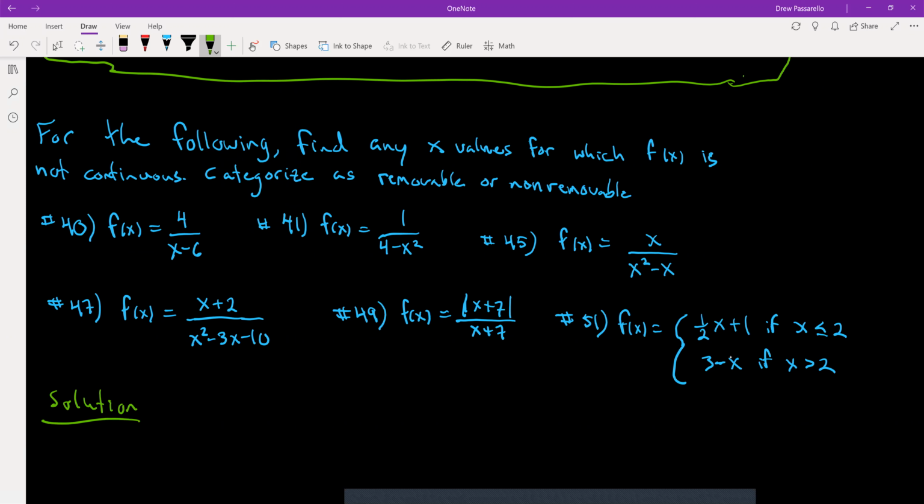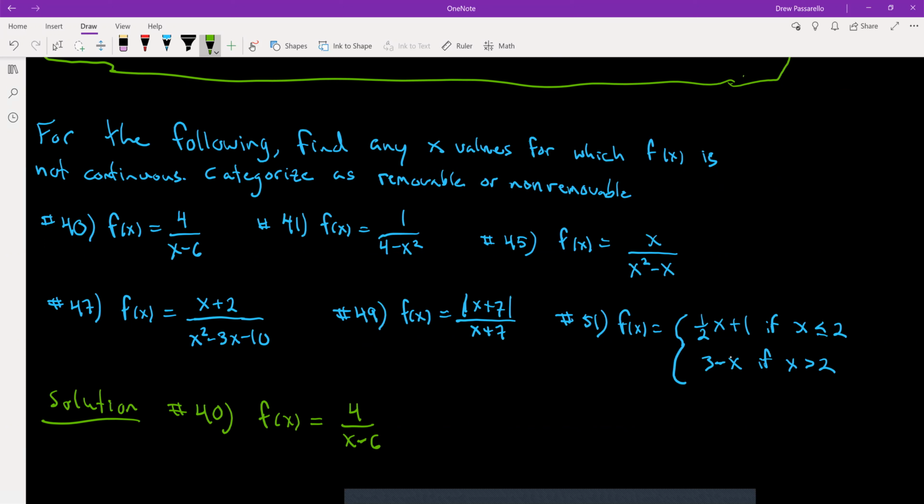Numbers 40, 41, 45, 47 are regular rational functions. I'll talk about 49 and 51 in a bit. I'll handle those a little differently, because number 49 has an absolute value sign, and number 51 is a piecewise function.